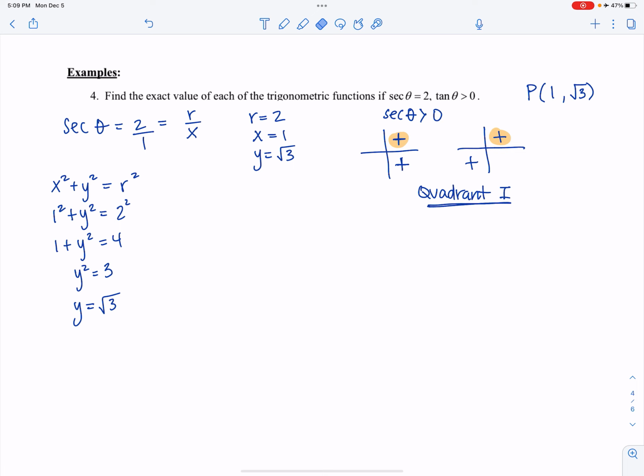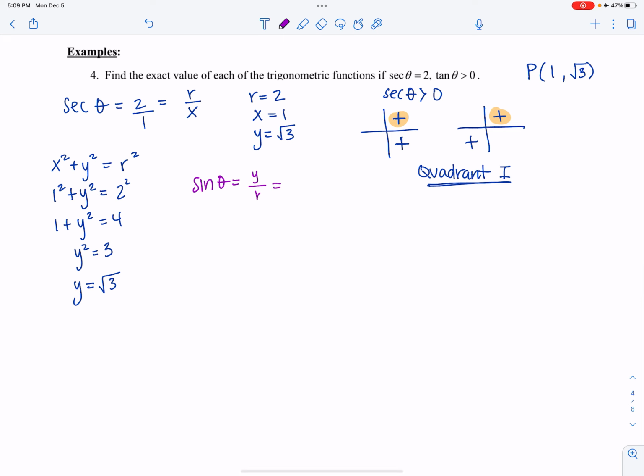So first we'll start with sine. Sine is y over r. So our y value is root 3 and our r is 2. Next we have cosine.